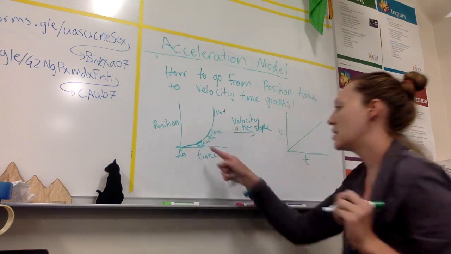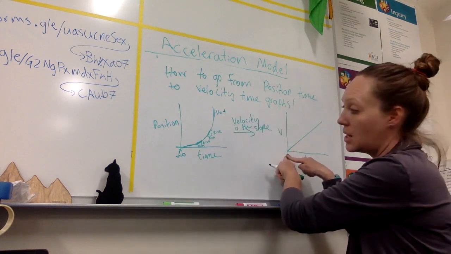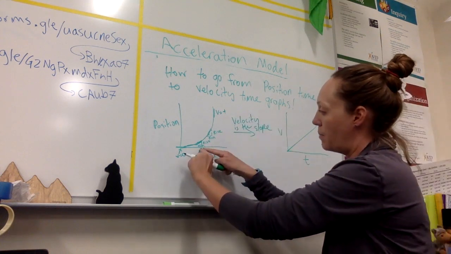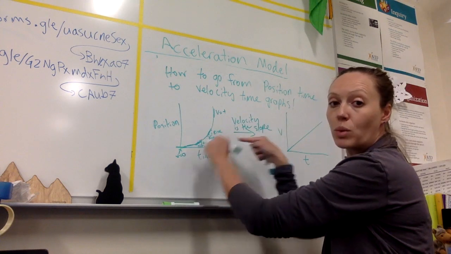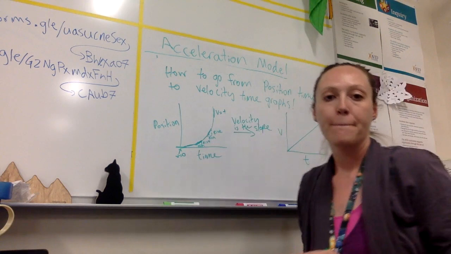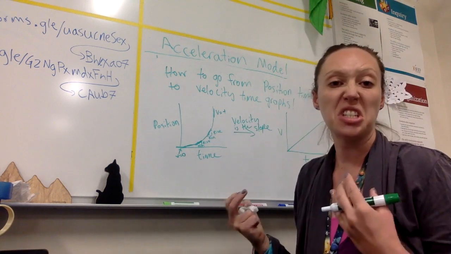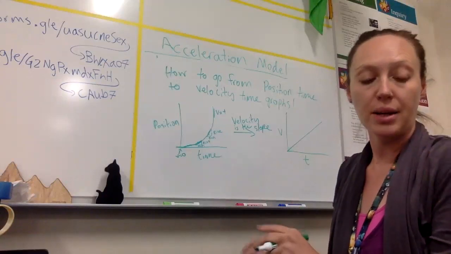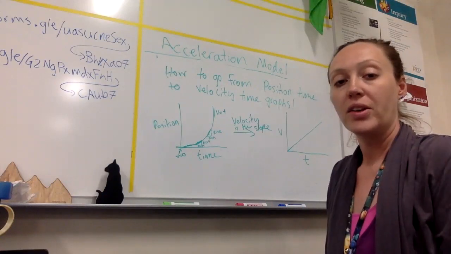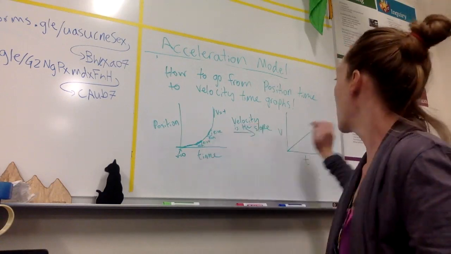Then you could plot those as data points. So you would find a time and a velocity, and you would plot them as data points on your velocity versus time graph. But for the most part, it's just looking at a general trend in the slopes.